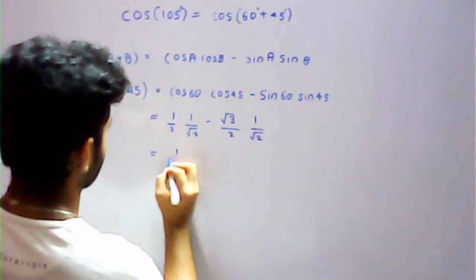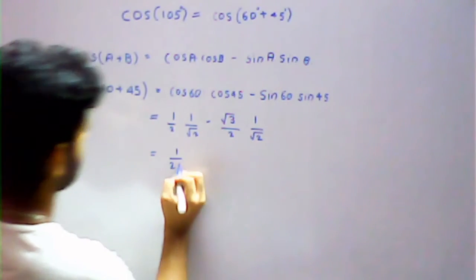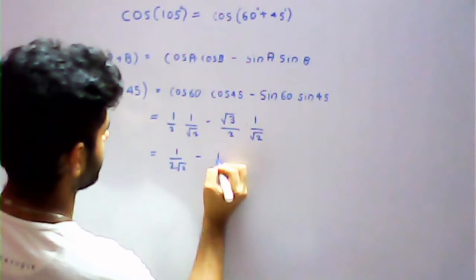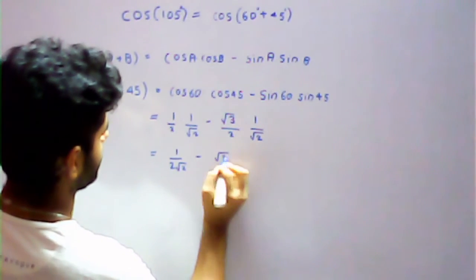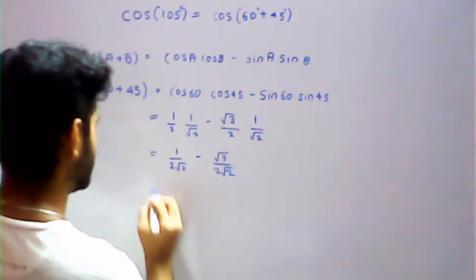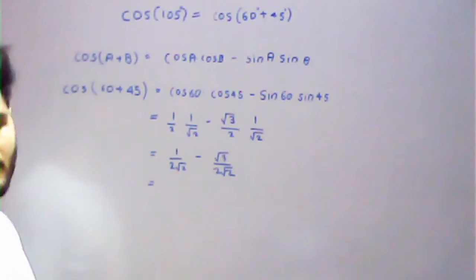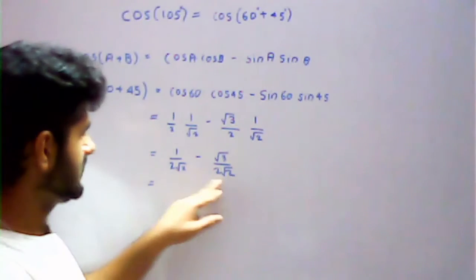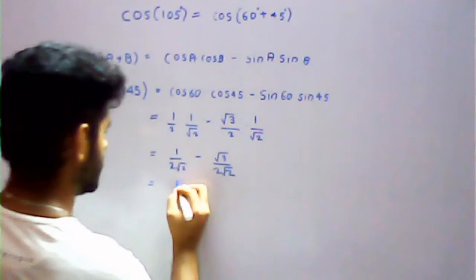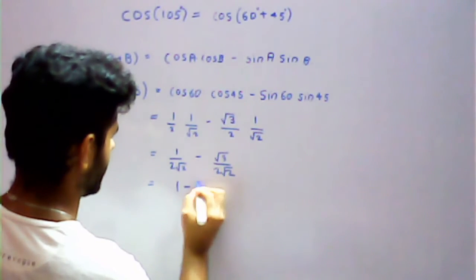Here it is 1 by 2 root 2 minus root 3 by 2 root 2. Here also denominators are same, so we directly subtract the two ratios. Let's do it.